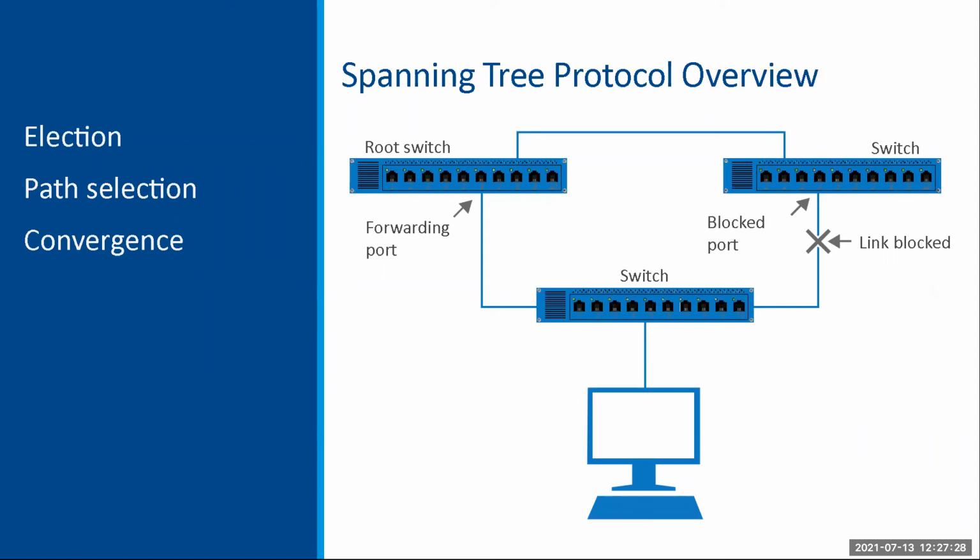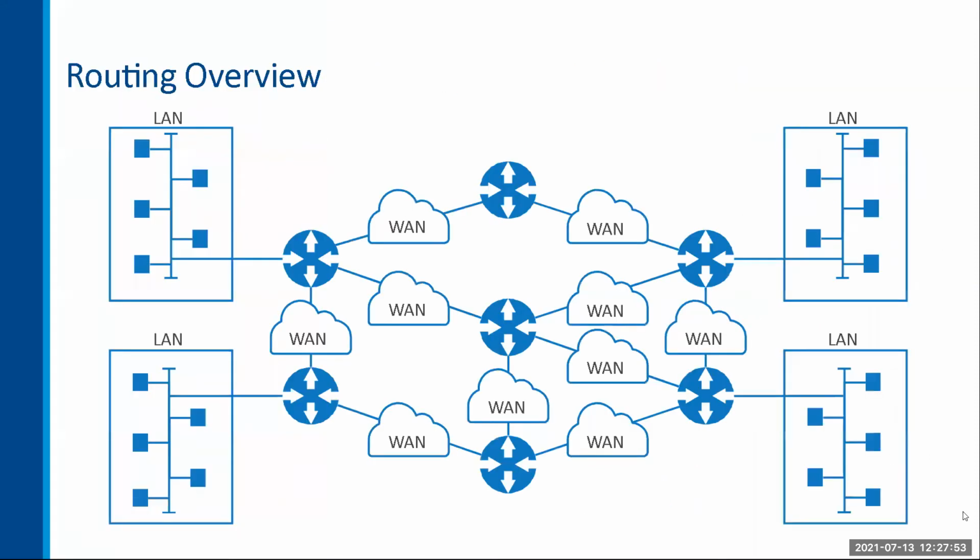So spanning tree, as well as rapid spanning tree, shortest path bridging, another protocol that I can't think of right now, all of those provide the functionality of creating a loop-free topology, which is the goal of these devices. So spanning tree would do that for that system.